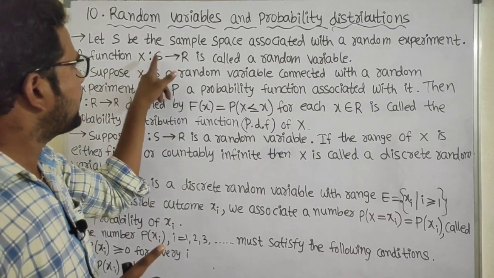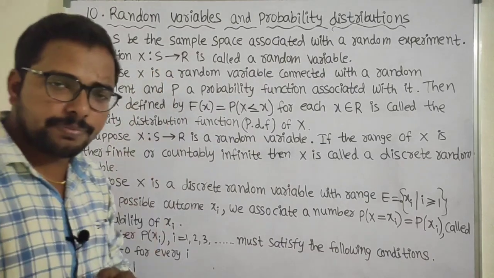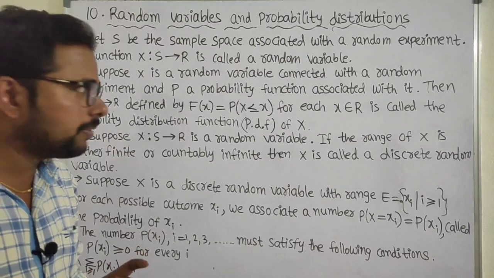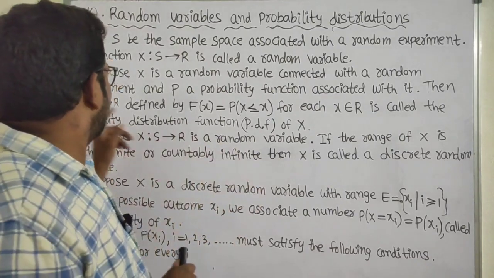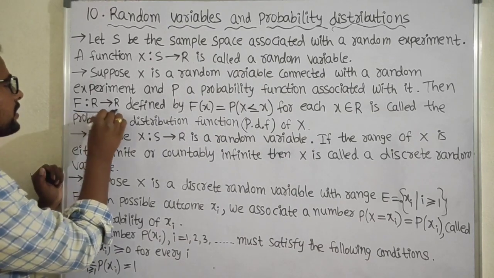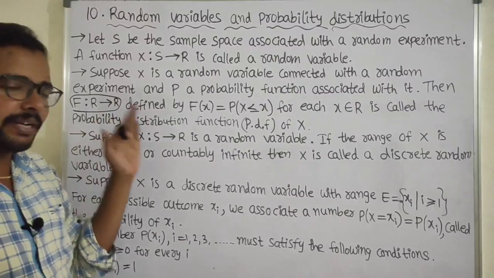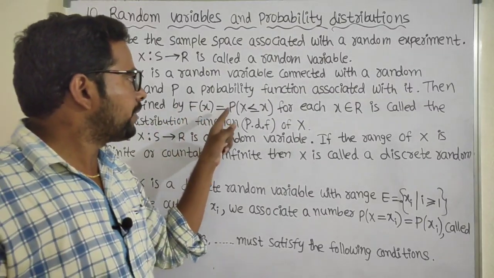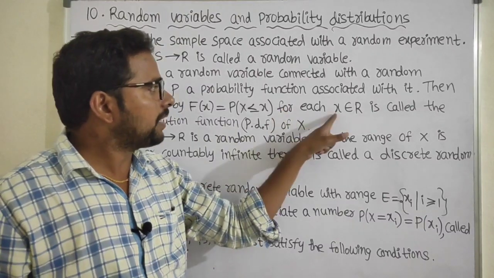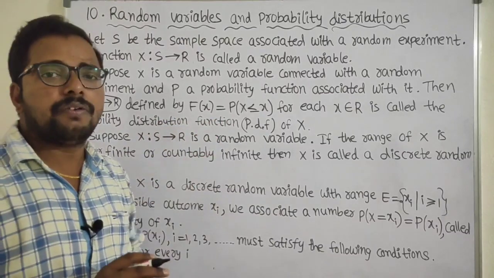A function X mapping S to R. Then F mapping R to R, where R means real numbers, defined by F of x equals P of X less than or equal to small x, for each x belonging to R, is called the probability distribution function of X.